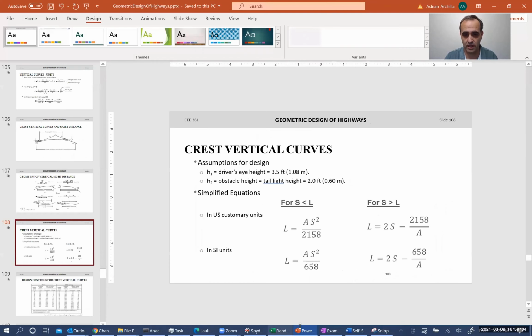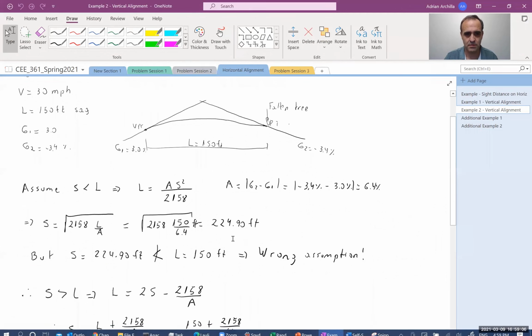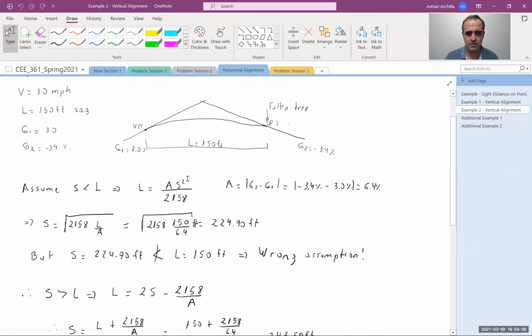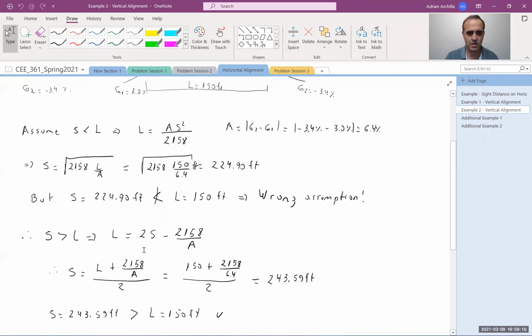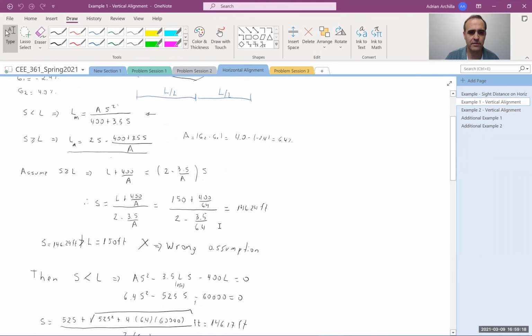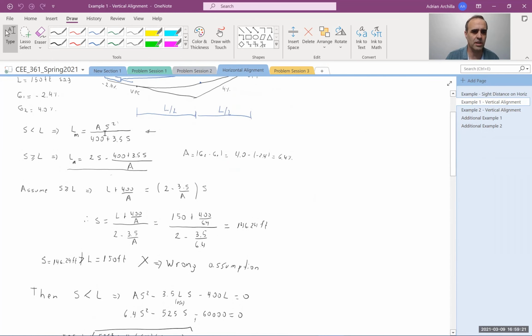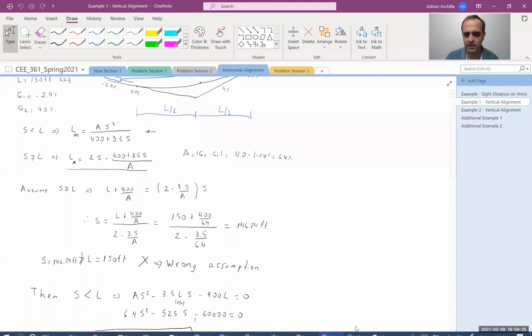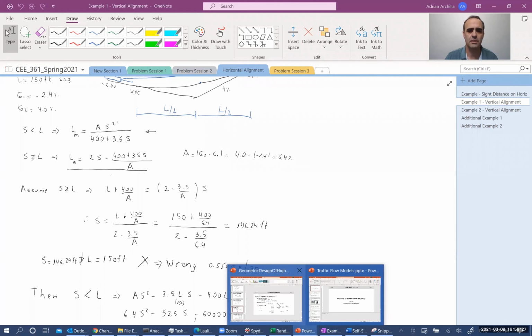So in this problem, this is the first equation that I showed you there, and this is the second equation. For the first problem, which is a sag vertical curve, notice the two equations that I pick. They have 400 and 3.5 in there. So let me look.